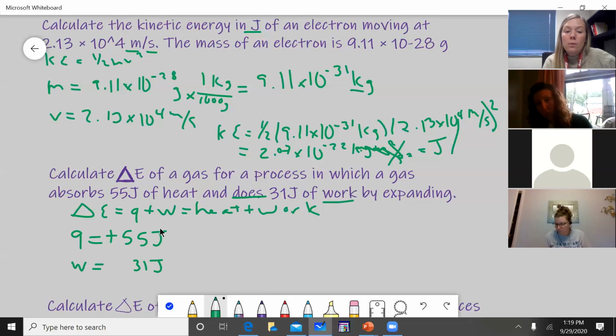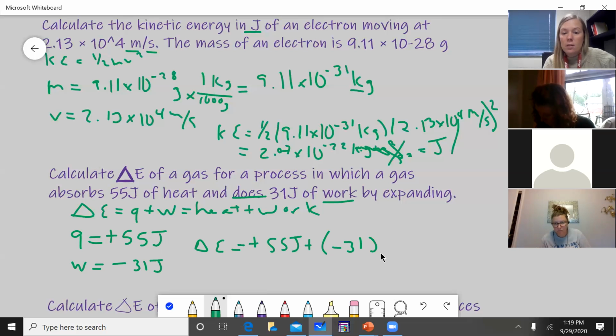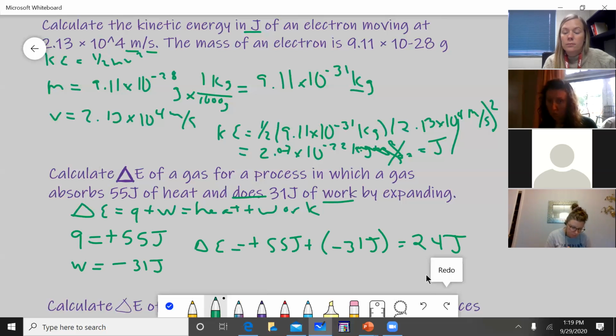If it's doing the work, it's giving that up, so we're going to make that a negative. So our value here of delta E should equal a positive 55 joules plus, in parentheses, a negative 31 joules, for an overall delta E of 24 joules. Any questions on why this one's positive and that one's negative?